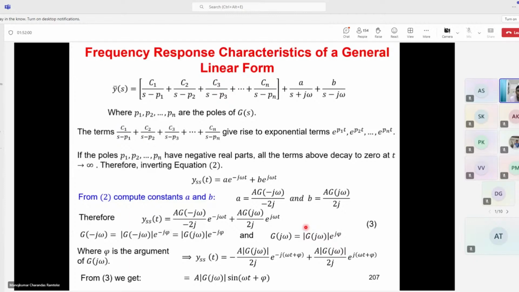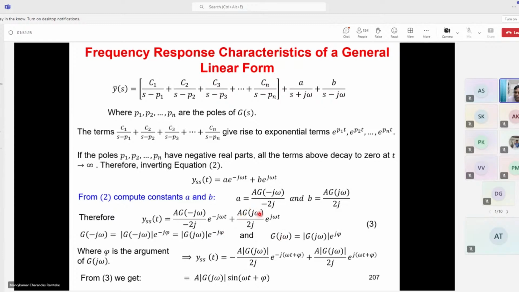So G of minus j omega is given as the magnitude of that into e raised to the power minus j phi. Now the magnitude of G of minus j omega is actually the same as the magnitude of G of j omega. So I can represent this as the magnitude of G of j omega into e raised to the power minus j phi.